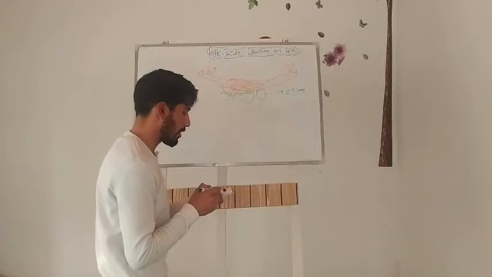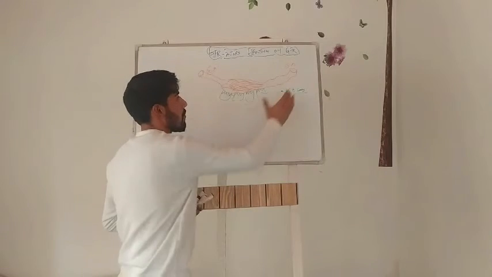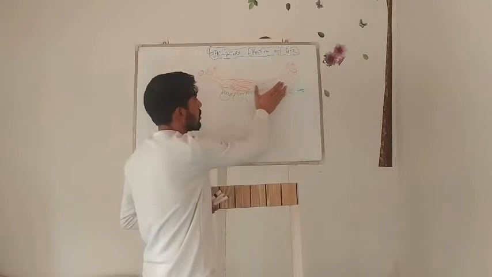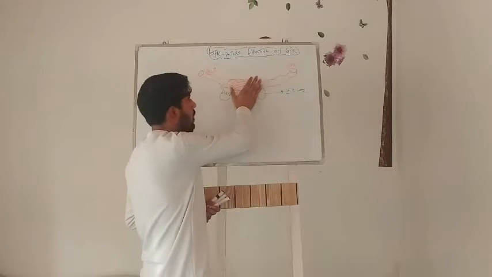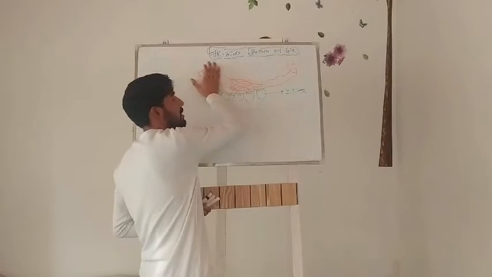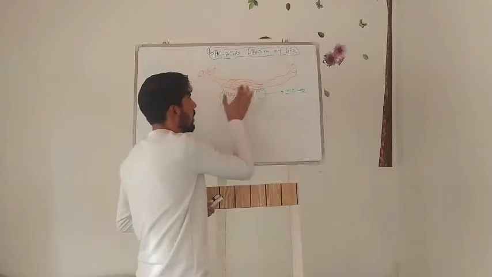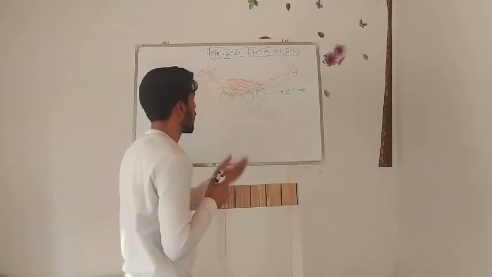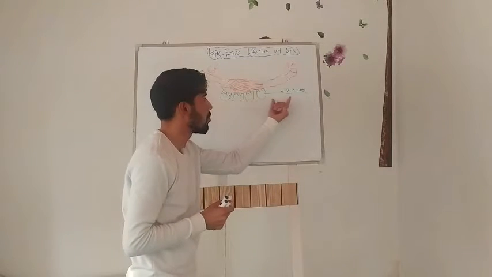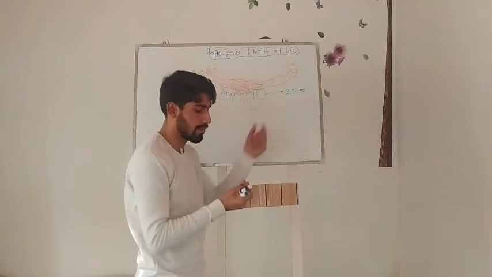Let me recap once again. This is the afferent arteriole. The afferent arteriole divides into many capillaries, and finally they rejoin and make the efferent arteriole. These capillaries are surrounded by some cells. These cells are called visceral epithelial cells.